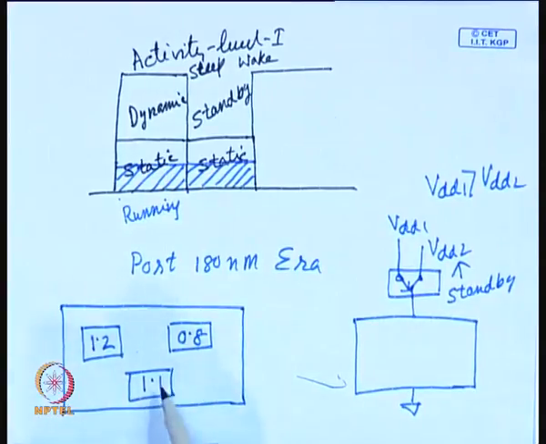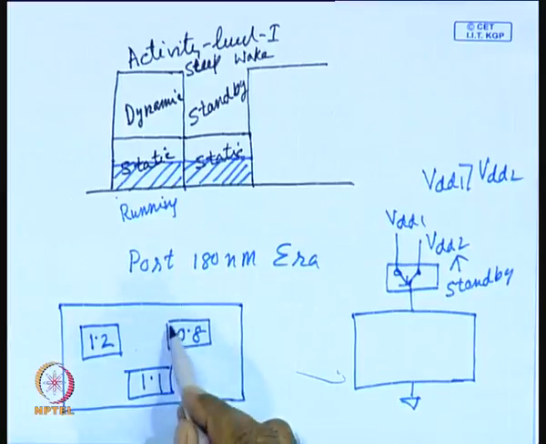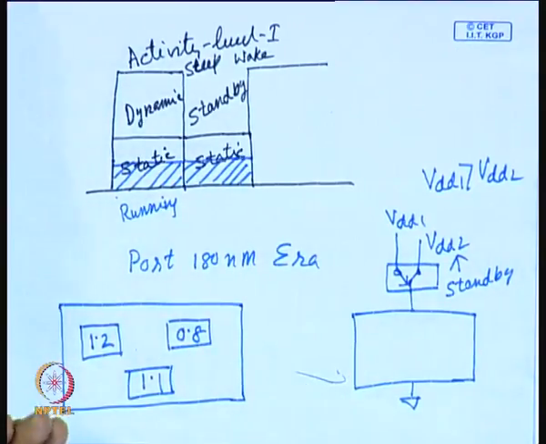In the runtime condition, the circuit operating with voltage domain 0.8 will have lesser leakage power. You may consider it a kind of byproduct. Your main goal was to reduce the dynamic power, but you are also achieving reduction in leakage power.